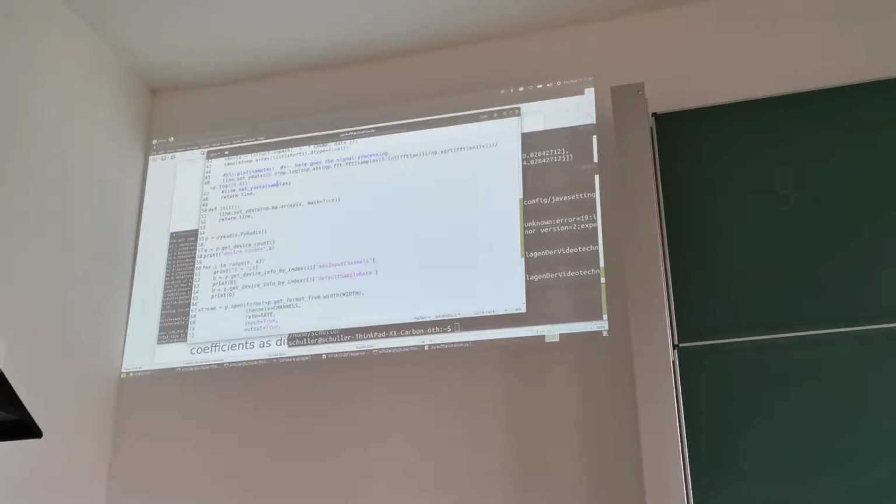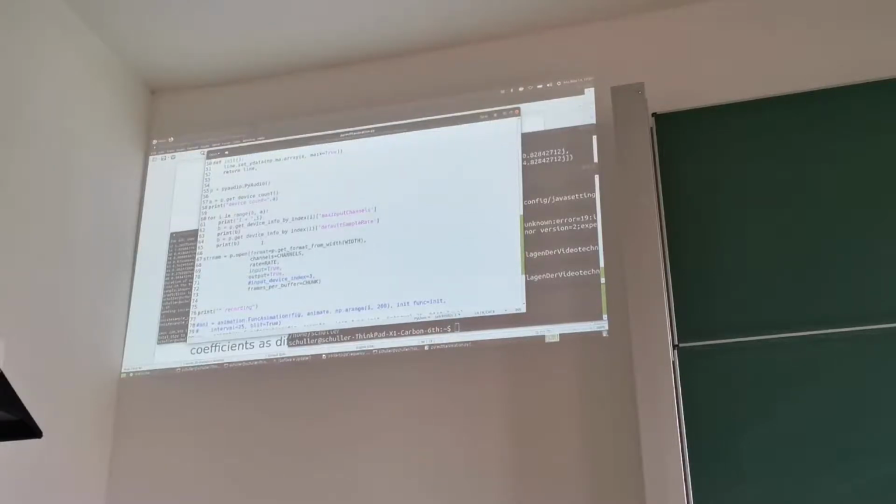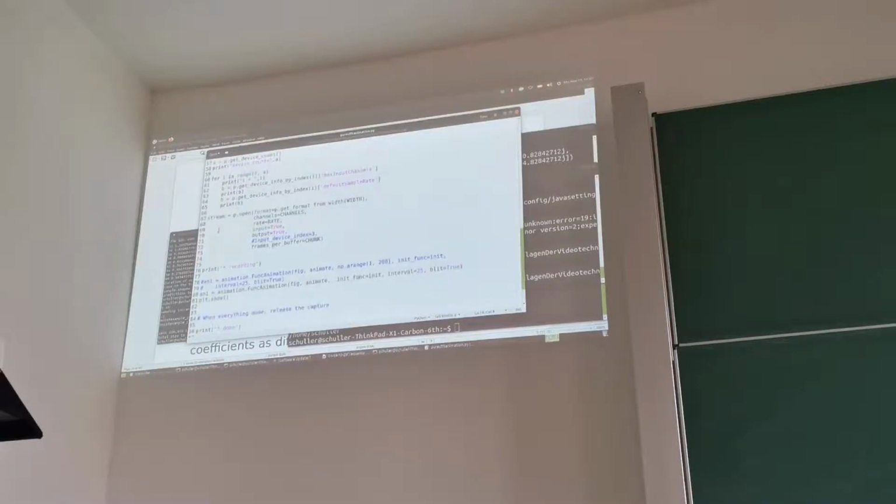So then I define this callback function, or this animate function. And here I come to the main part. Here I'm setting up the audio card. PyAudio, PyAudio. P is then the pointer to the audio card. Here I'm displaying the number of devices found. And then stream opens my audio card and it produces a new object here. Stream is a new object and it's produced from this pointer P with the argument of all the values that we use for setup.